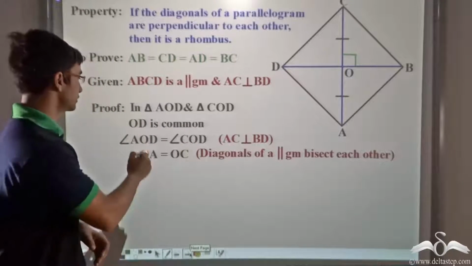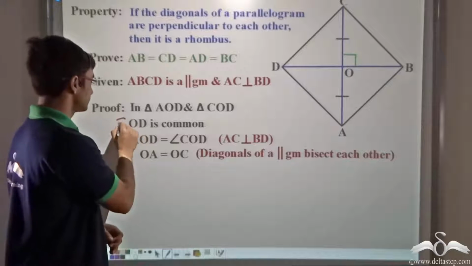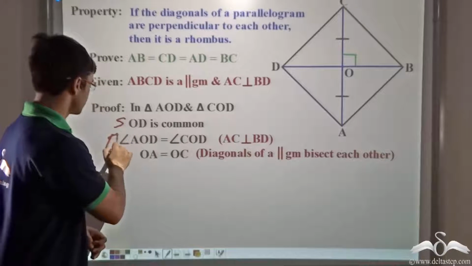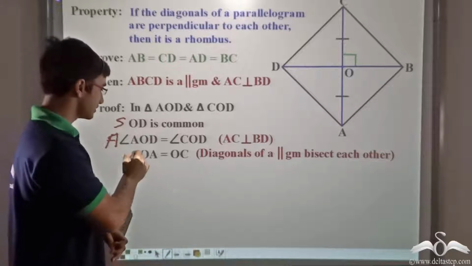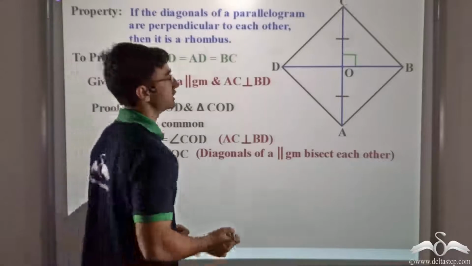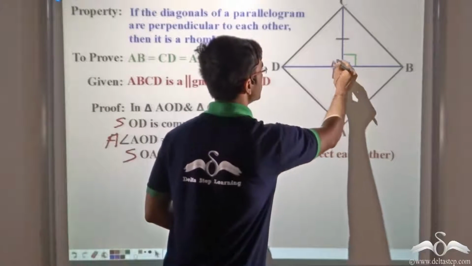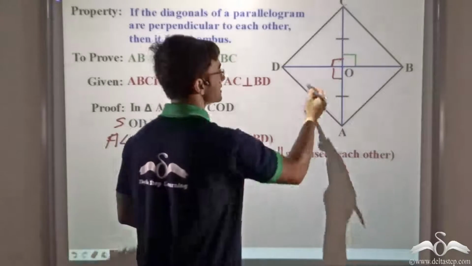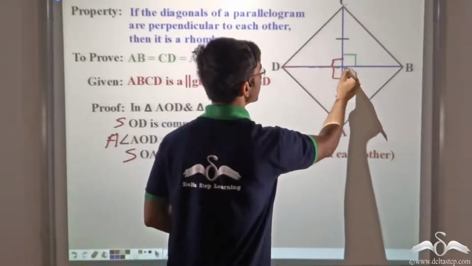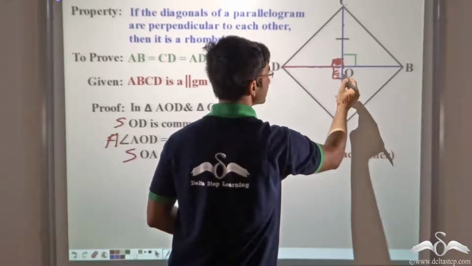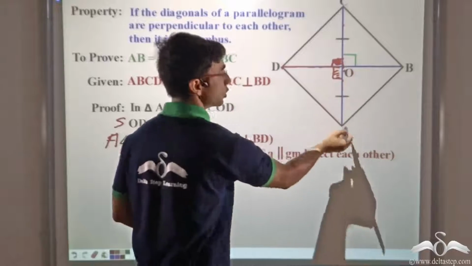So now we have one side that is common, two angles that are equal, and another two sides that are equal to one another. If you look closely, you will find that these two angles are included angles, or in other words, this angle is included in between OD and OC, and this angle is included in between OD and OA.